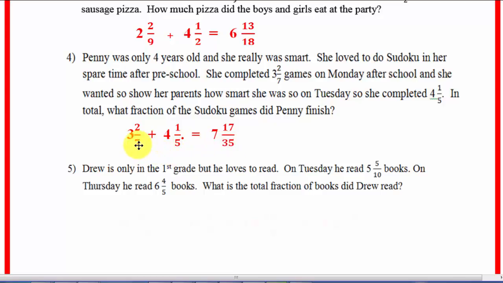How many times does 7 go into 35? Well, if you said 5, you're right. 2 times 5 is 10. Plus, how many times does 5 go into 35? 7 times. So we have 10 plus 7 is equal to 17. So your answer should have been 7 17/35. Hopefully your answer matched ours.